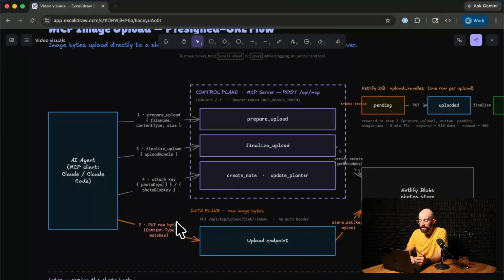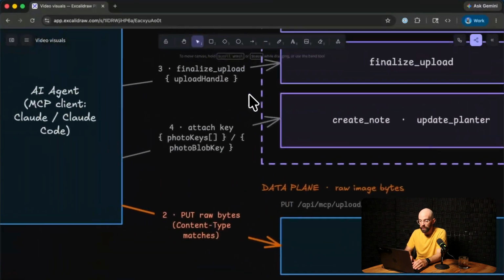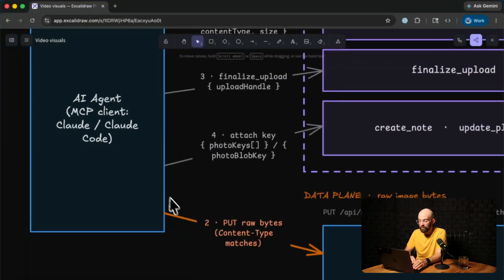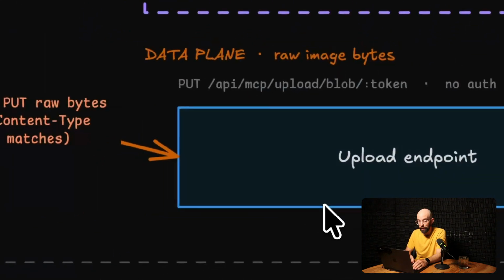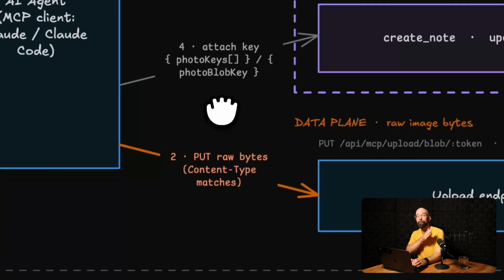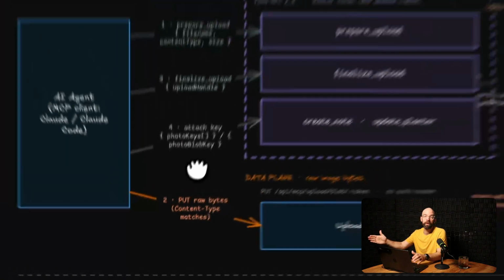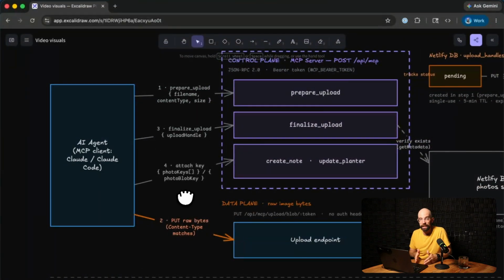Then the agent can take that key, or here we're calling it a token. And so then the agent has that token and can hit our upload endpoint. At this point, we're bypassing the MCP server. The agent got the instruction it needed, and now it can go directly to the API.